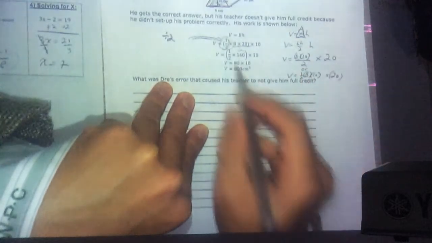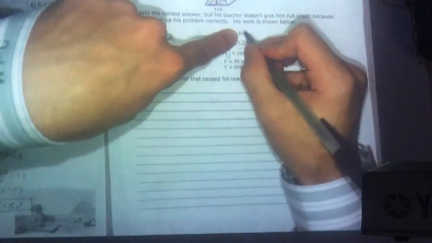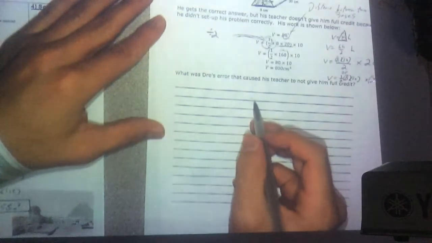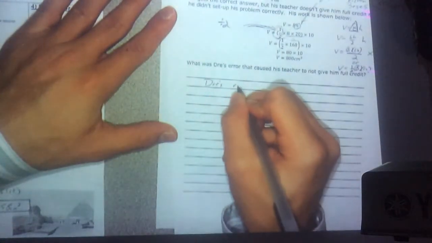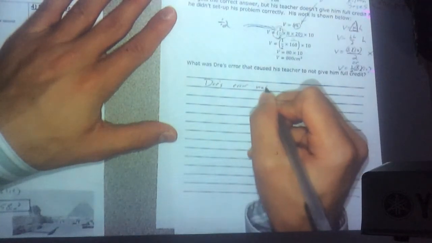These are the same thing here. So it wasn't this 1/2. It was the height of the prism. This h right here represents the height of the prism, the distance between two bases.